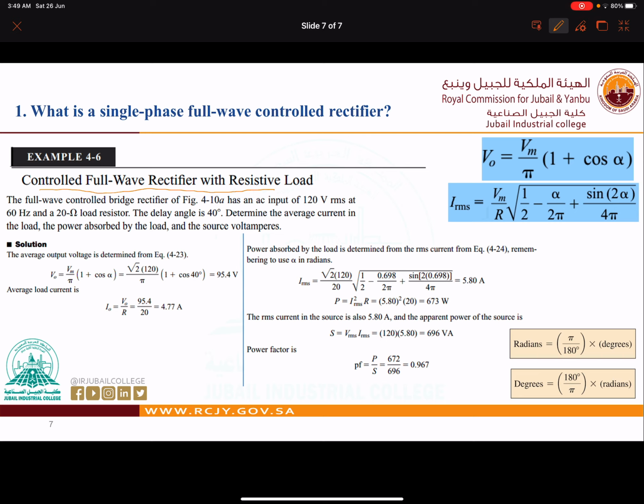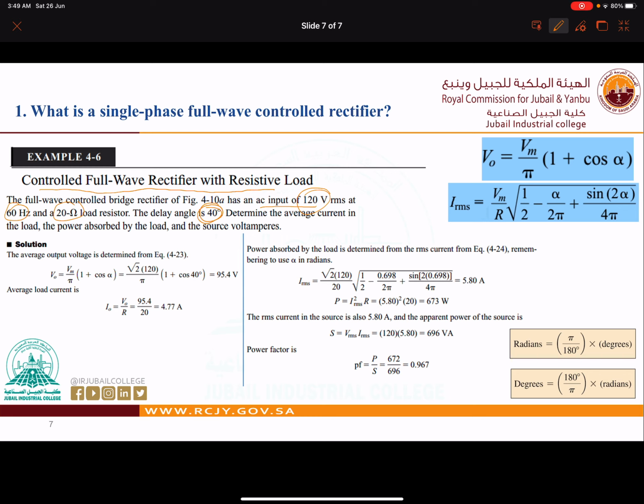Now this is again for the controlled. He is giving you the input voltage, which is 120 VRMS at 60 hertz with a 20 ohm resistor.